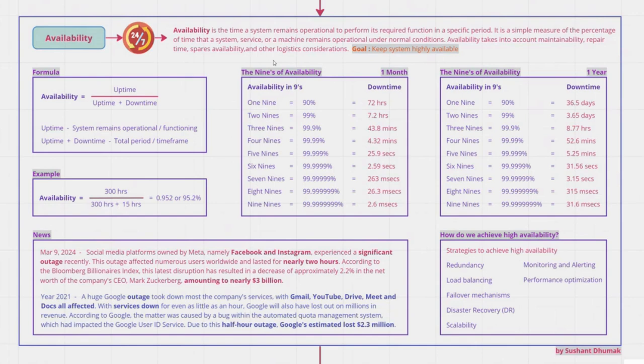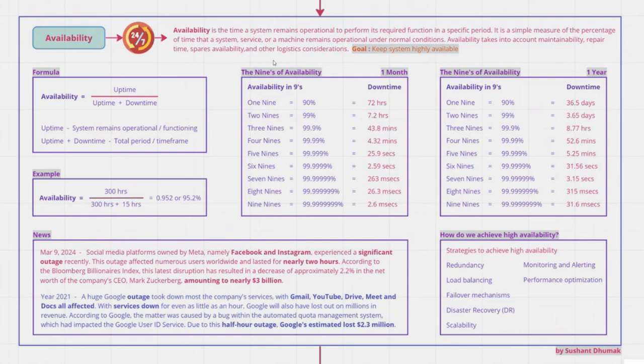You're not able to open the Facebook page or Instagram, and you try again and again, early morning, mid-day, anytime, and it is not opening. So at that particular time, whether it is Instagram or WhatsApp, it's not available to give you the service which they usually provide. You're not able to view any of the pages. That means it is not available.